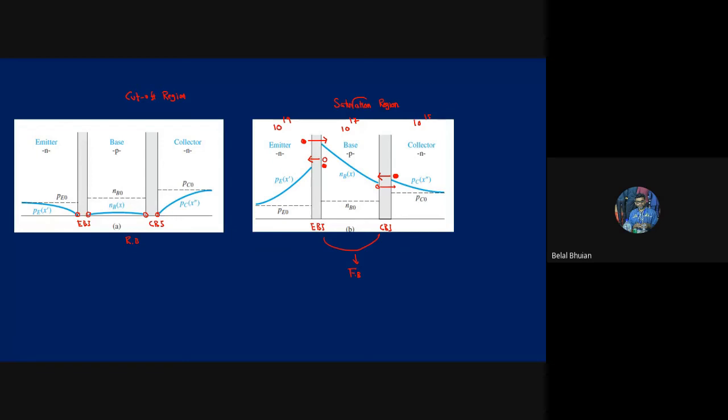So the number of electrons injected from collector to base will be quite low. That would be our carrier electron concentration, okay? On that collector to base junction. Now see, this is our high concentration side of electrons, this is a low concentration side of electrons. So in fact, electrons are injecting into the base region from both sides.